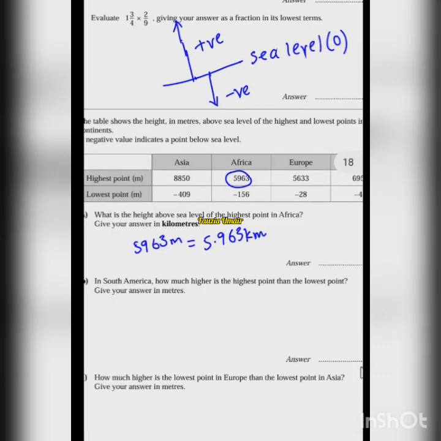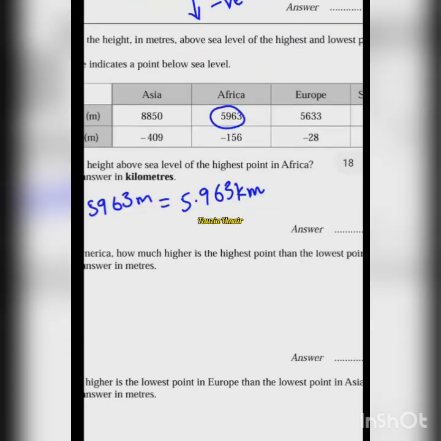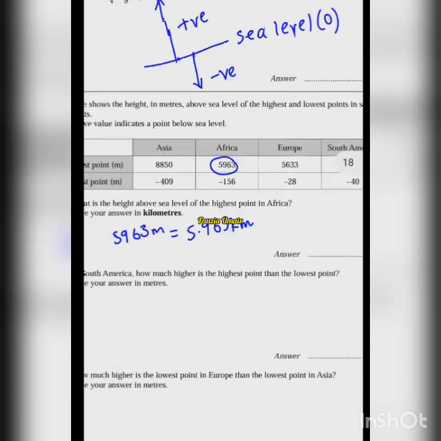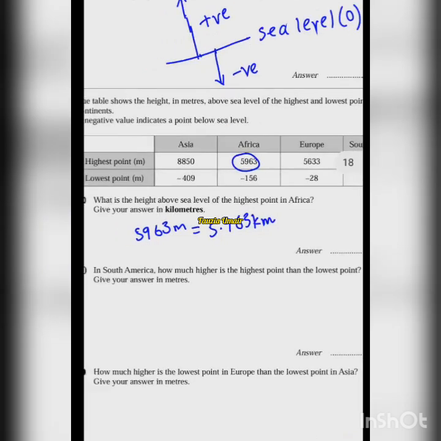Okay, the next question is, in South America, how much higher is the highest point than the lowest point? So what are you finding? What do you understand from this statement? You are finding the difference. Okay, you are finding how much apart the highest point and the lowest point are.